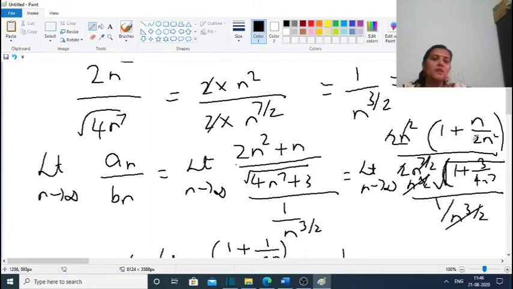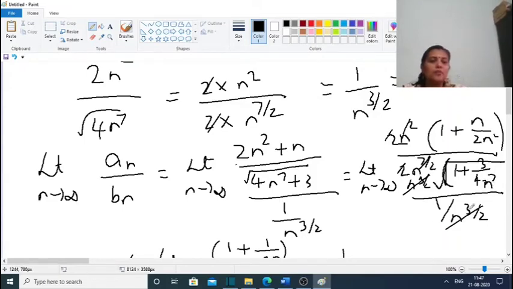So 1 plus n by 2n square. Here square root of 4n raised to 7, we can take 2n raised to 7 by 2 into root 1 plus 3 by 4n raised to 7. 4n raised to 7 we took out and divided.